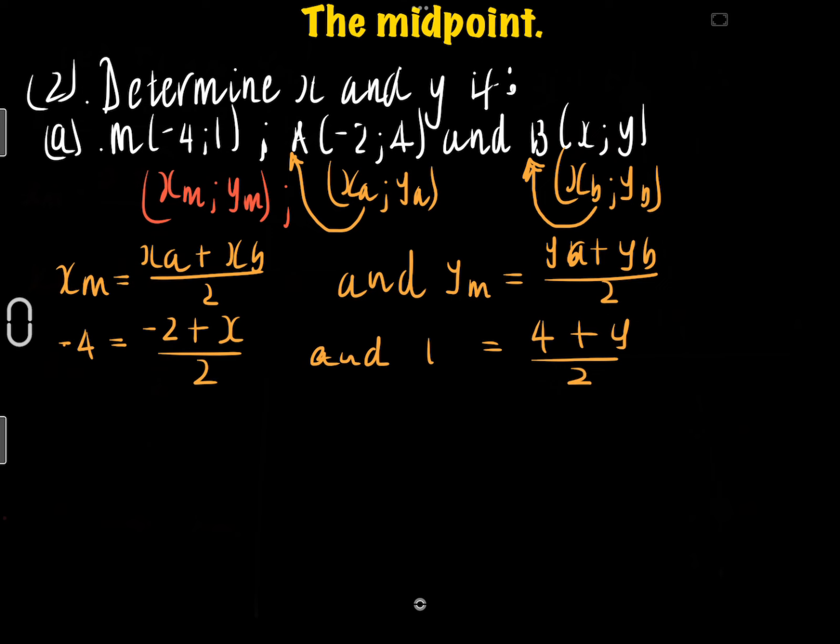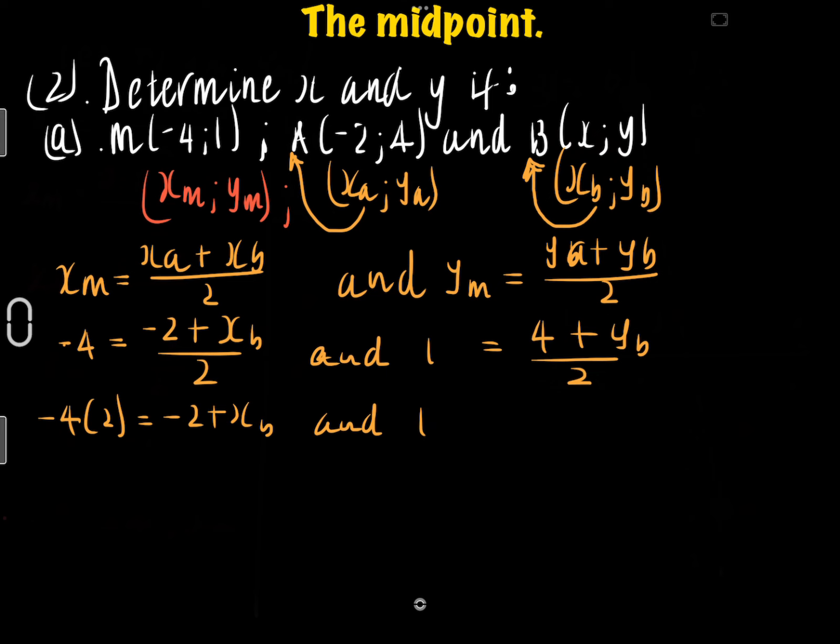Now by substitution, we already have -4 this side, multiplied by 2, is equal to, because the 2 will join the -4 all over the equal sign, and it multiplies, and then you're only left with -2 plus x. So remember now, this x here is our xb. In fact, I should indicate it as xb. And remember, here we are looking at yb on the other side.